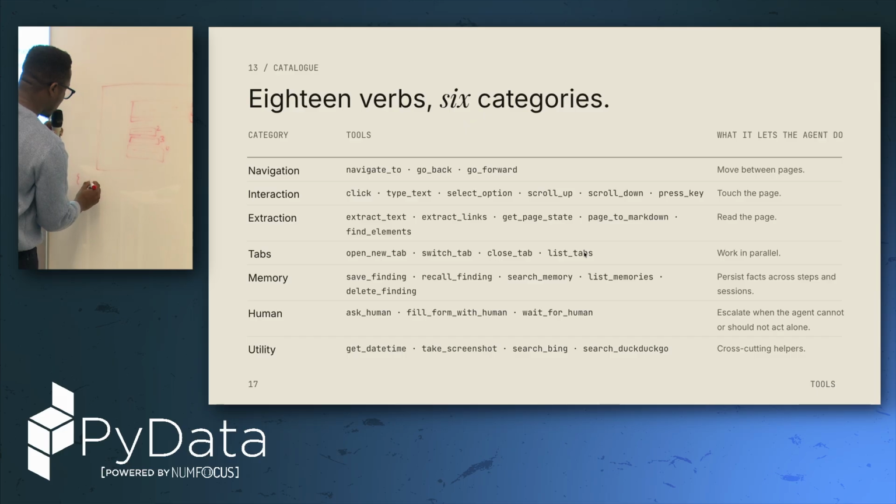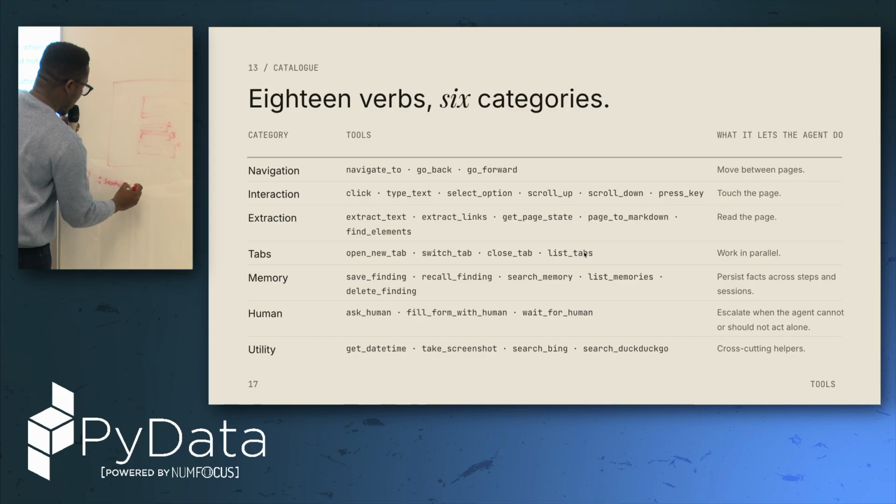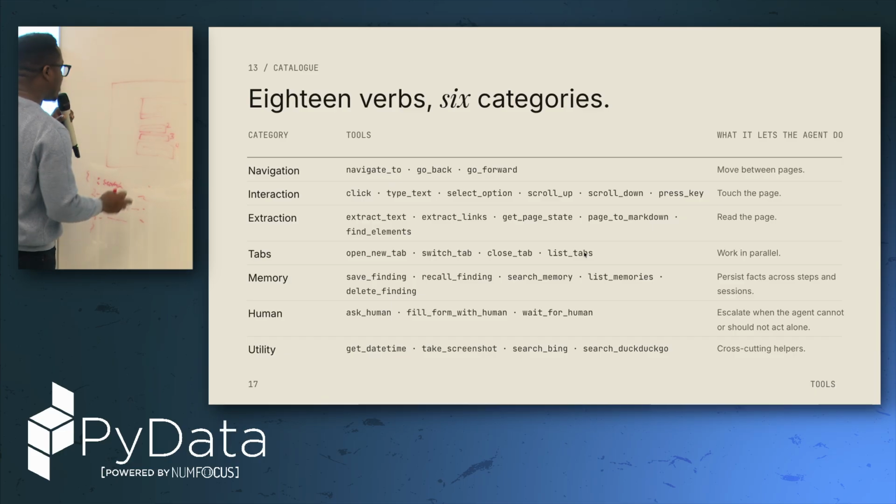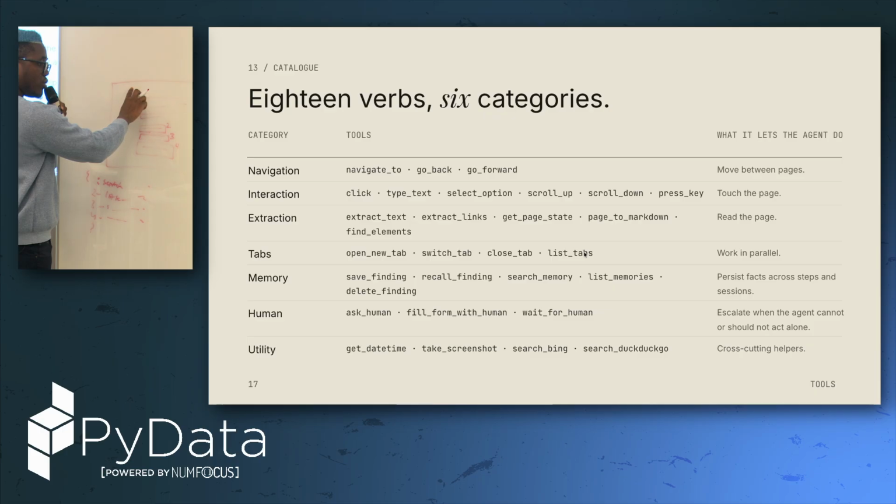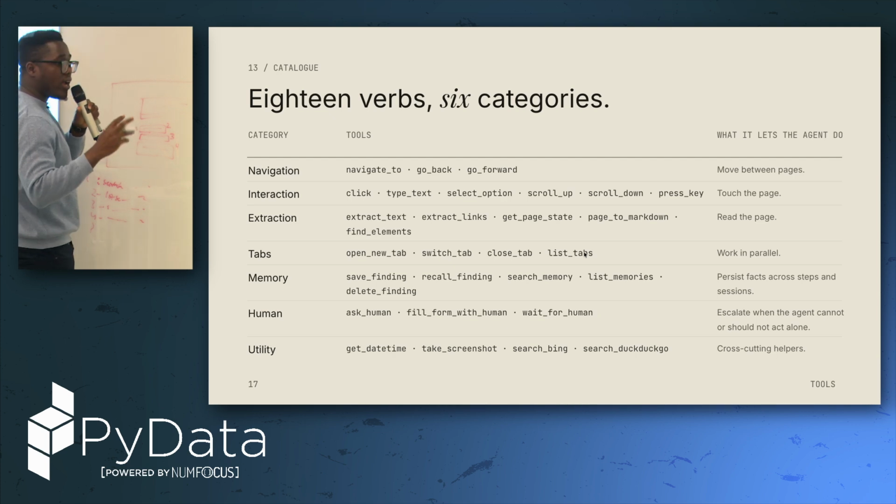Say 1 is the search button, and you put the link there. 2 is the first search result, and you put the link there. 3 is the other search result, 4 is the other search result, and you put the links there. And then you can pass this screenshot to the LLM, and the LLM knows exactly what you want to do. Say, I want to search for XYZ.